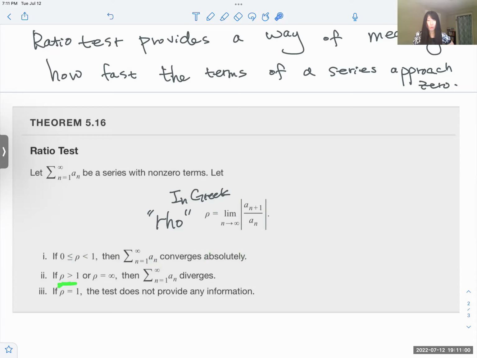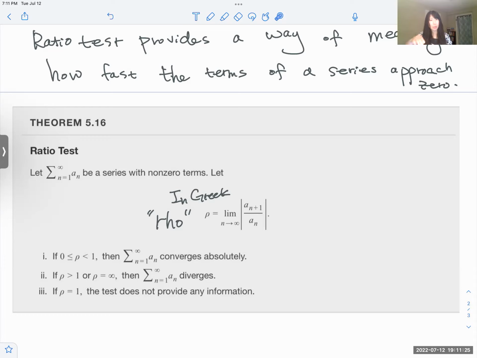If rho, not the p, rho is greater than 1 or equal to positive infinity, then we say that the whole series diverges, okay? And rho equal to 1, the test is inconclusive. Okay, we cannot tell anything about that.